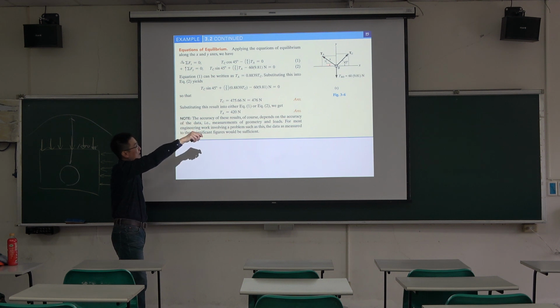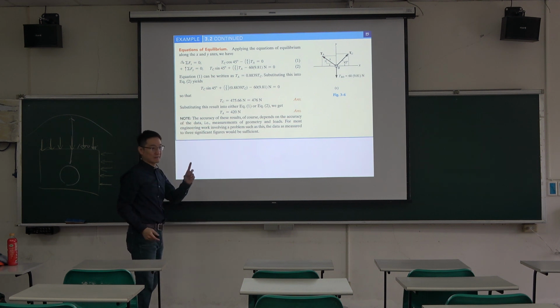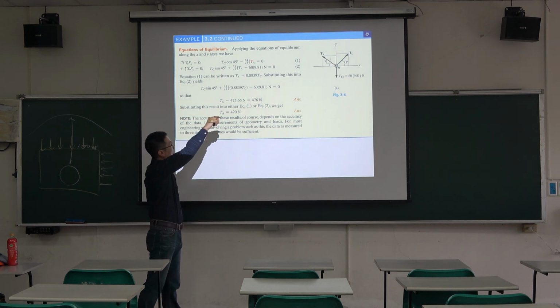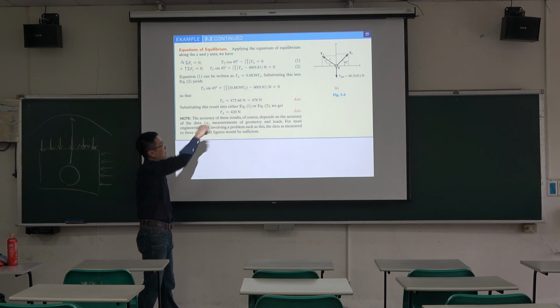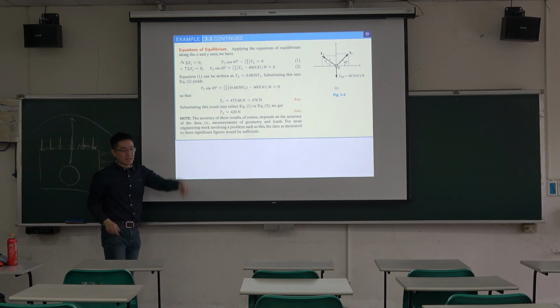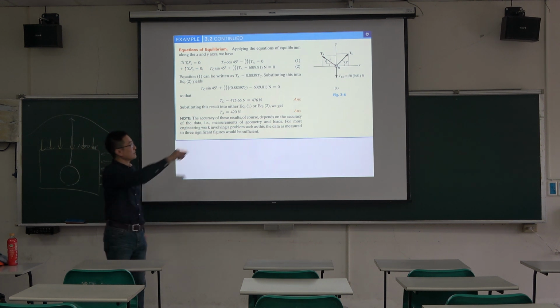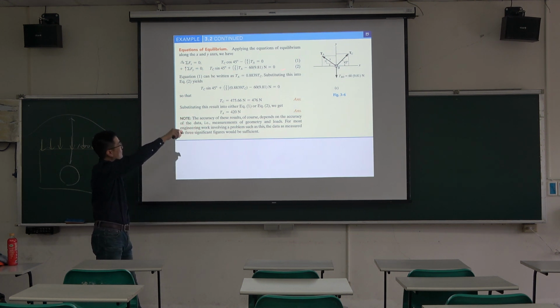TA follows this ratio, also positive, because both are upward. And then the tensile force from this cable, carrying the self-weight, is negative because it is downward. It should achieve equilibrium. So two equilibrium equations help us solve two unknowns, which are TC and TA.